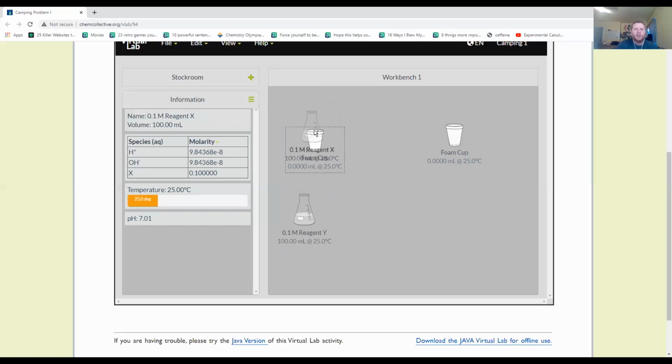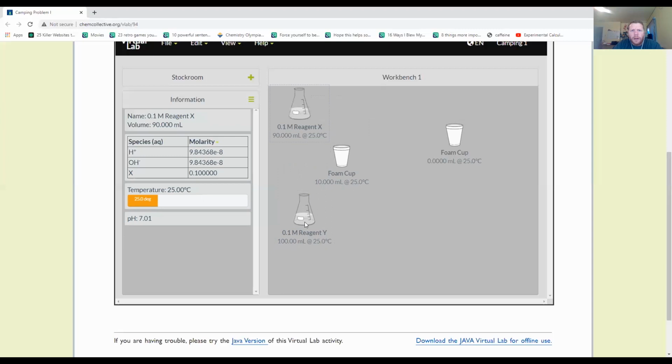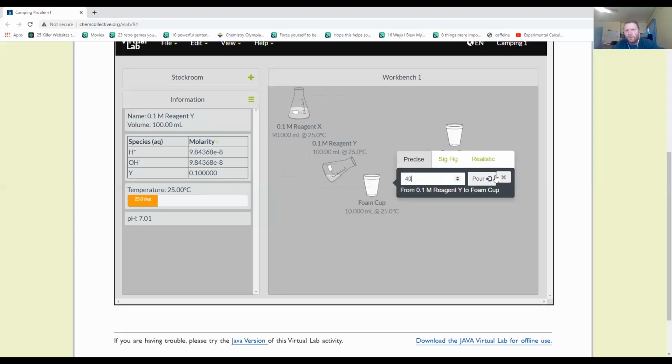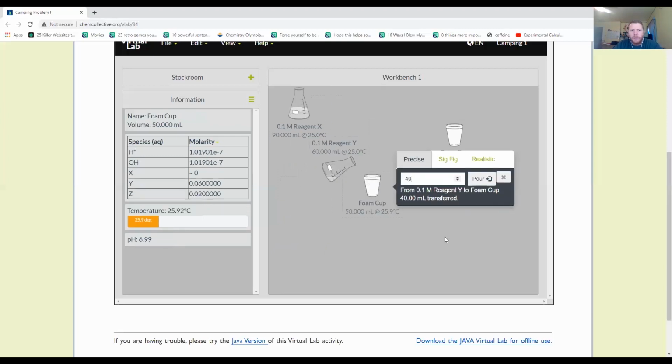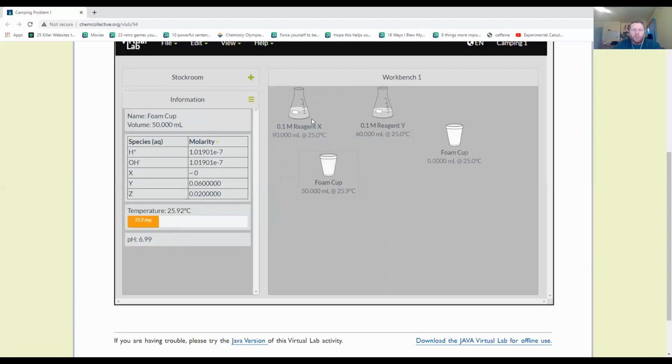I'm going to add 10 milliliters of reagent X. And I've done that. And now I'm going to add 40 milliliters of reagent Y, 25.92. So I'm going to write that down on my data sheet, 25.92. So that's a temperature change of 0.9 degrees.